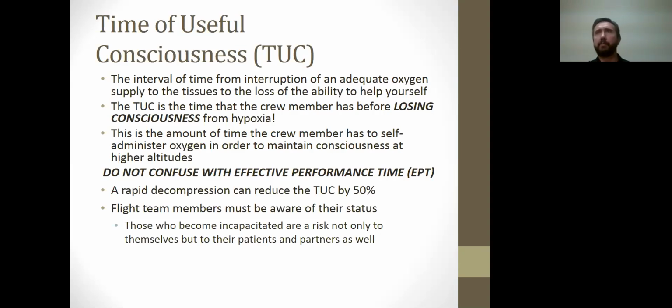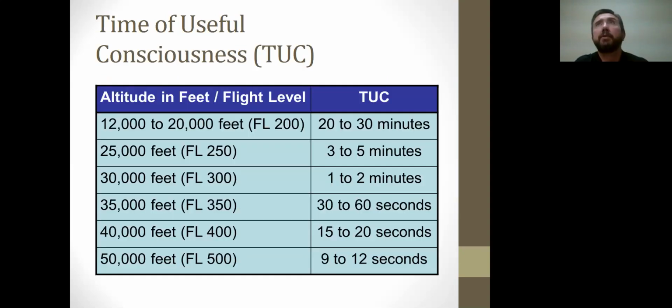So let's talk about what we'll typically see at higher altitudes: the time of useful consciousness becomes very short, and considering the danger, the emphasis is on prevention rather than cure, which is true in most cases of just about anything. With the time of useful consciousness, we're going to see it shrink as altitude increases with a rapid, sudden depressurization, though it may not be rapid either.